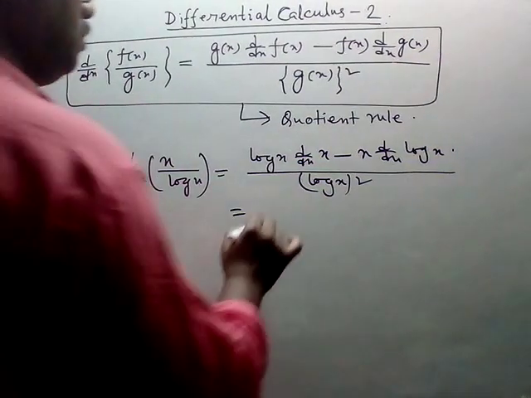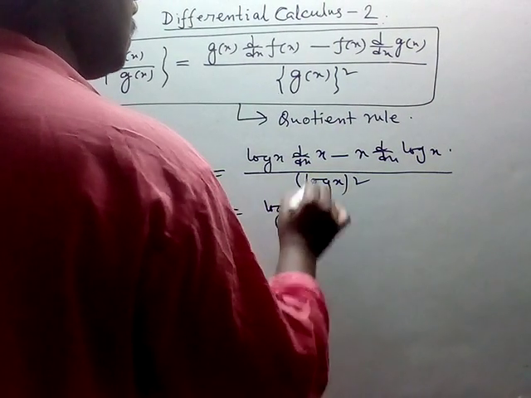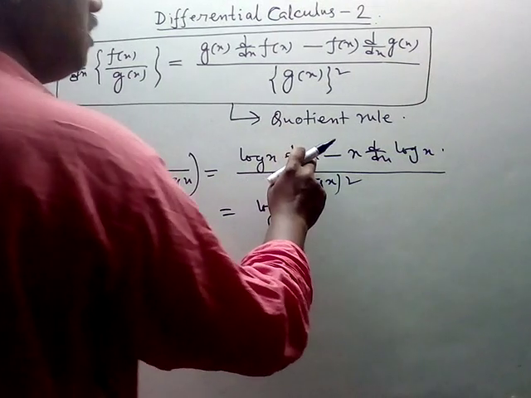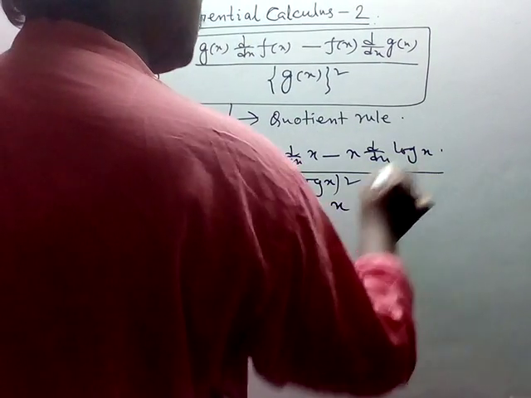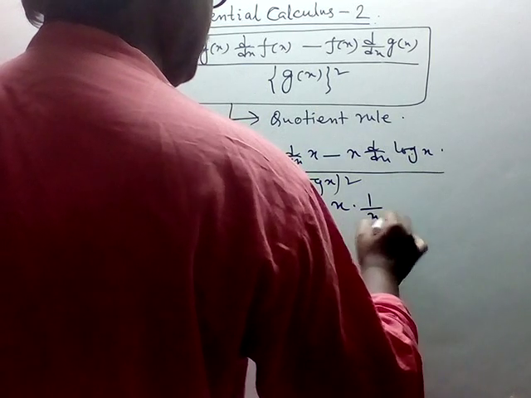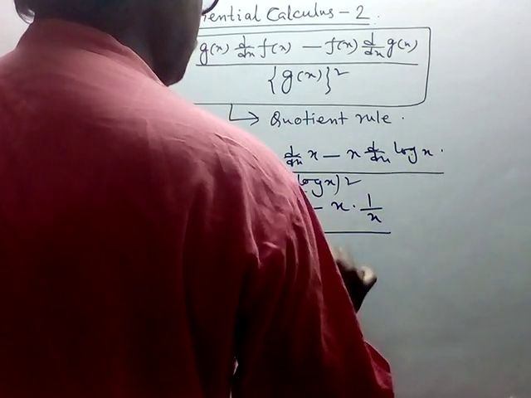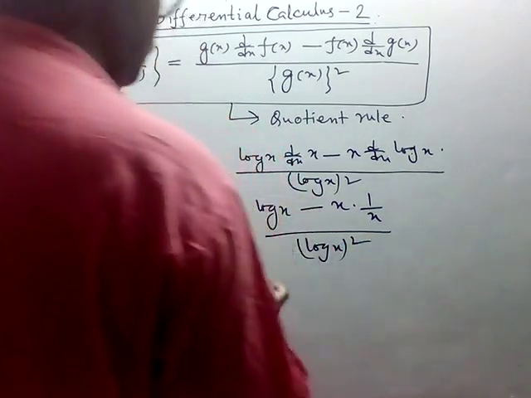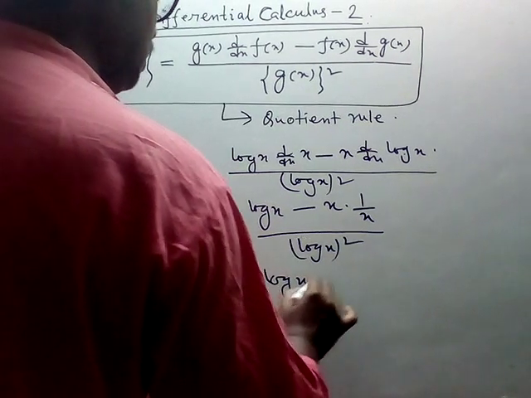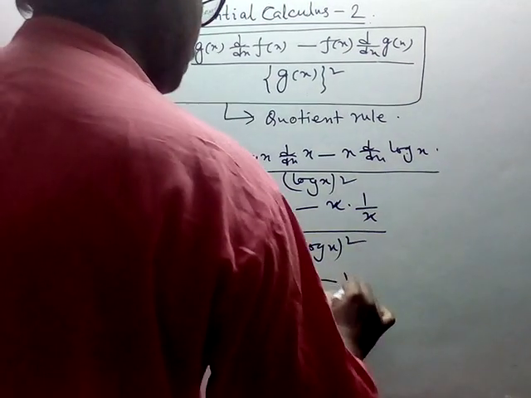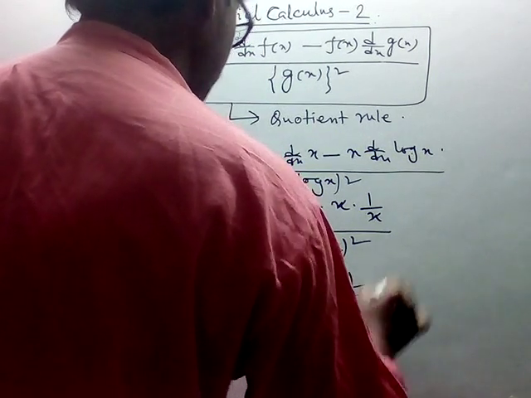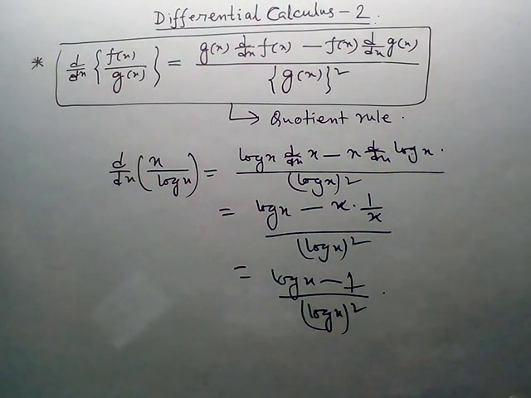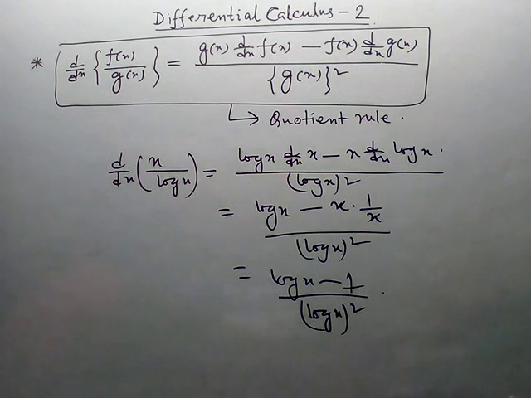This equals log x, the logarithm of x, times the derivative of x with respect to x, which is 1, minus x times the derivative of log x, 1 by x, all over log x whole square. This equals log x minus 1, as x cancels, over log x whole square. This is the derivative of x by log x.